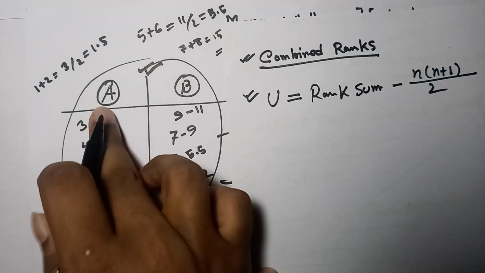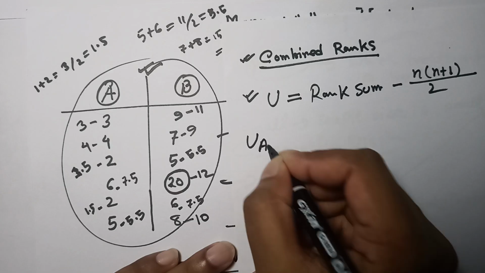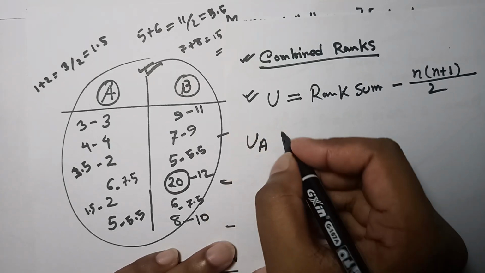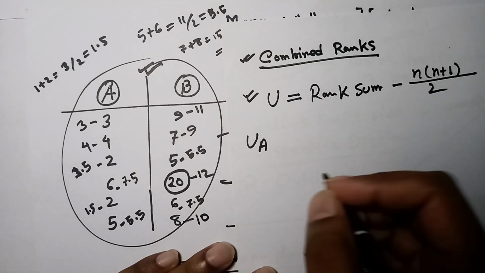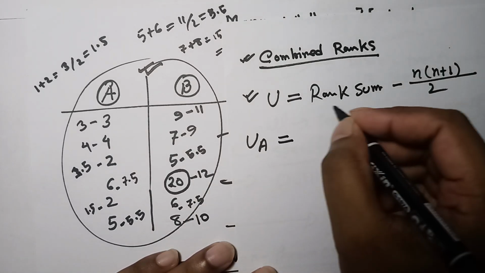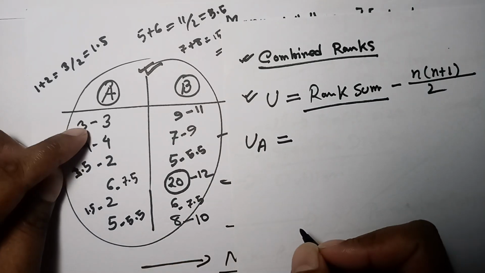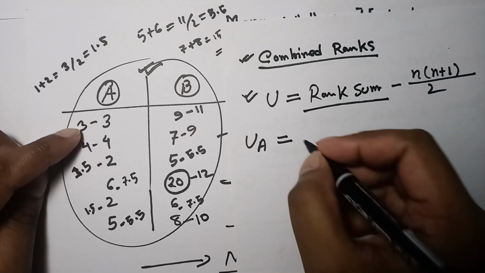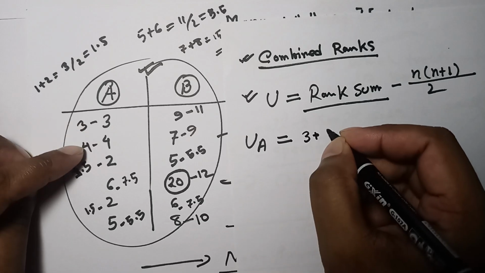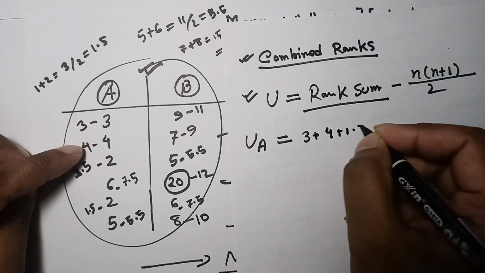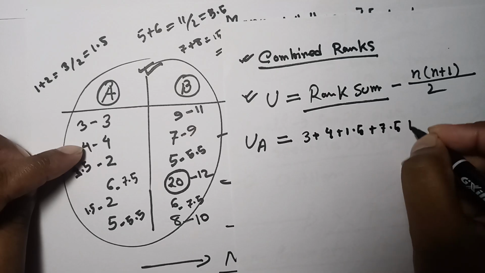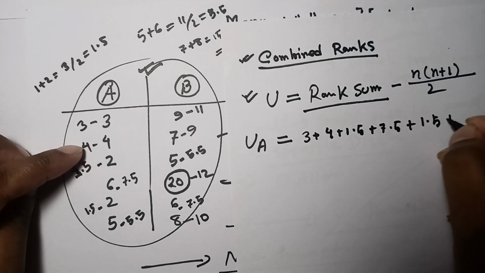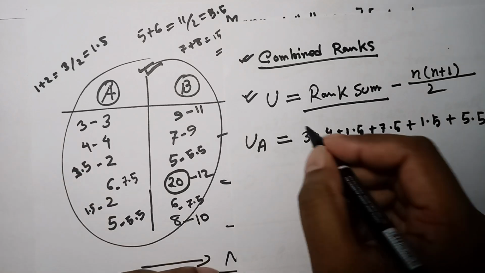For the first one, the U statistic or UA for only this group A, first of all we will find the rank sum. So the rank sum will be 3 plus 4 plus 1.5 plus 7.5 plus 1.5 plus 5.5.